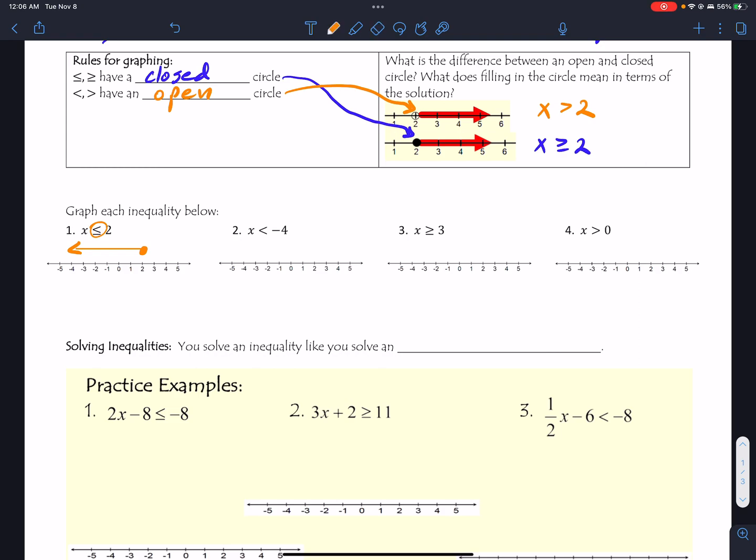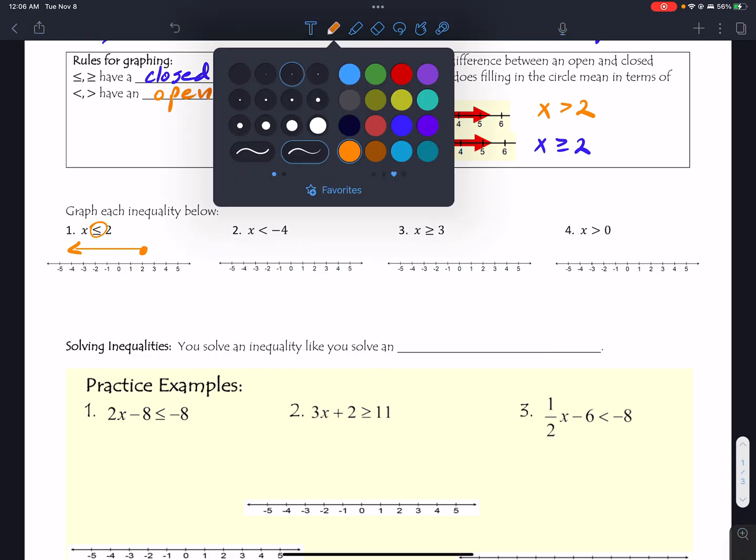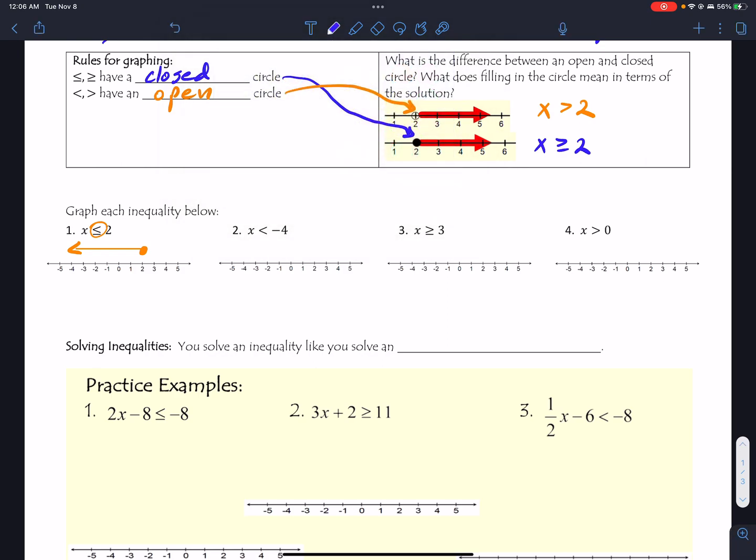I'll move on to number 2. On number 2, I've seen plenty of students who like to do it on the line. This is -4. Because there's no equal to sign, I'm going to leave my dot open. So open dot at -4, and then I'm going to the left. I see students do this and then add an arrow at the end.